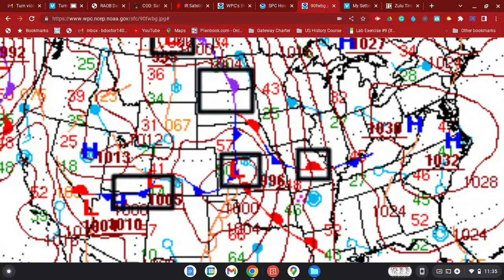The blue on the map, the blue lines with the little triangles, little half discs, that is our cold front. So the cold is moving from the north to the south. The temperatures behind the front are cool.